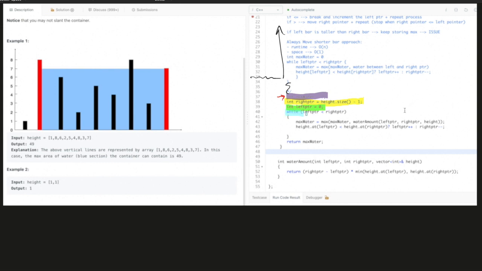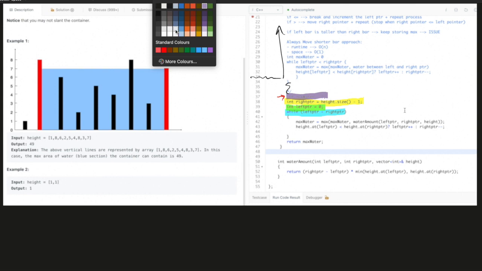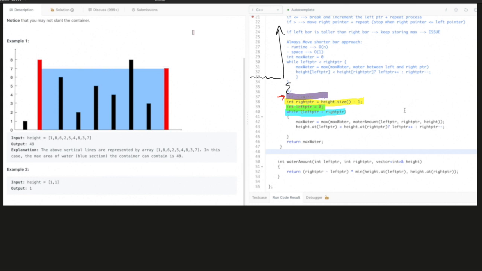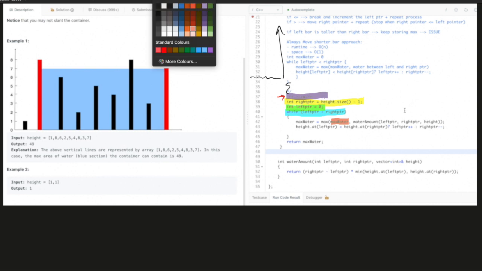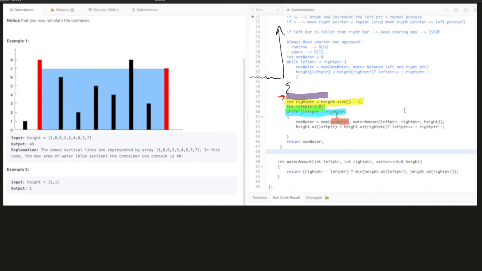So we have this loop, which is our stopping condition, and while that condition holds true, we're going to calculate the maximum amount of water, and that maximum amount of water will just be the max of the previous max amount of water and of the amount of water in the container at this bar.